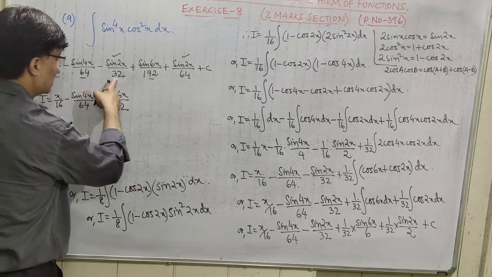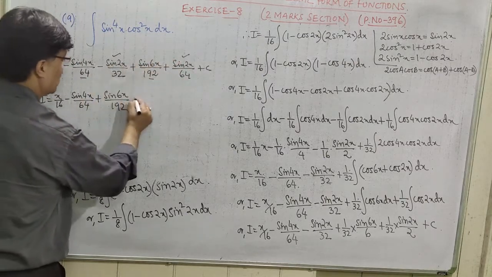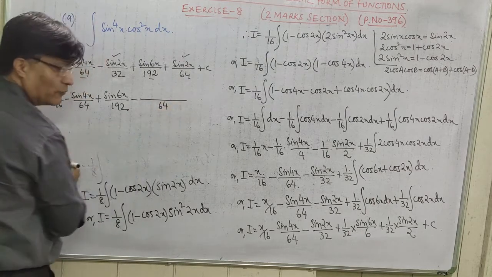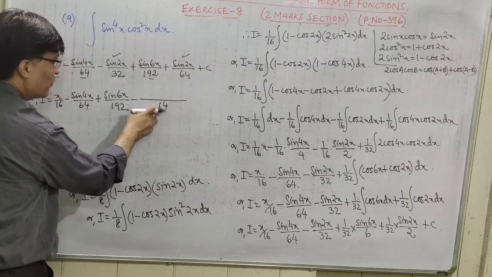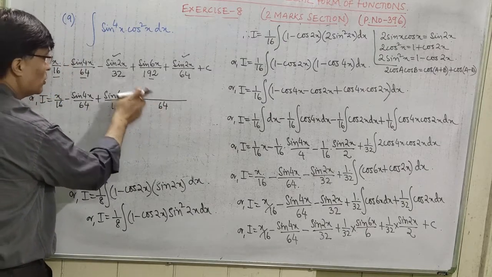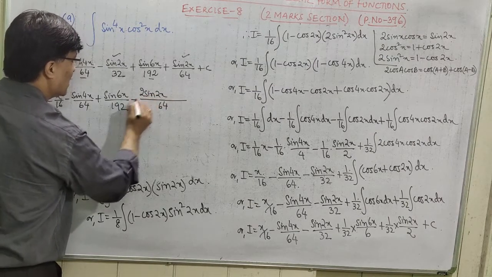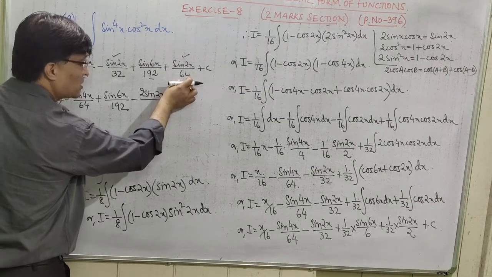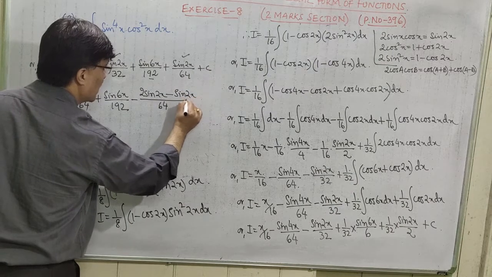Now these two terms are similar terms, sine 2x and sine 2x. Minus, what's the LCM here? 32 and 64, the LCM is 64. Now 64 divided by 32 gives 2, and 2 into sine 2x is 2 sine 2x, right? And minus into plus is minus. Now 64 divided by 64 is 1, and 1 into sine 2x is sine 2x.